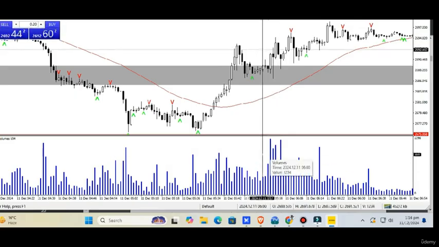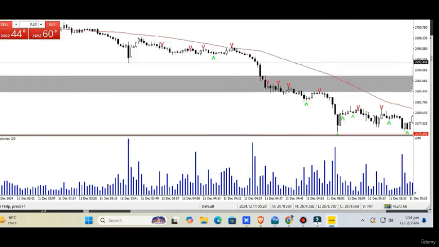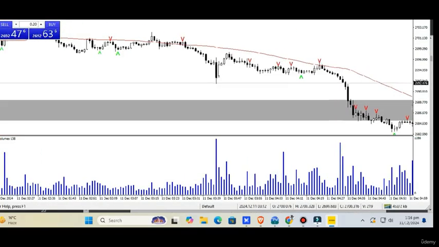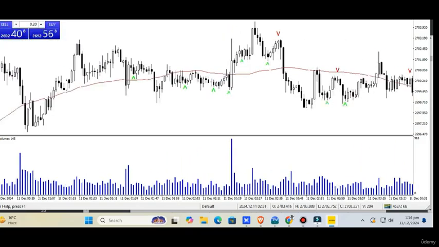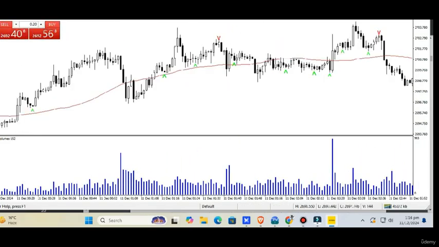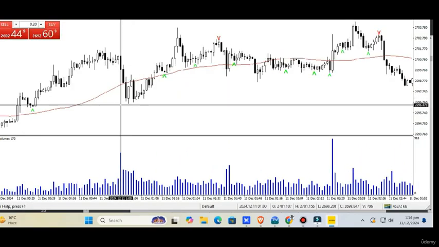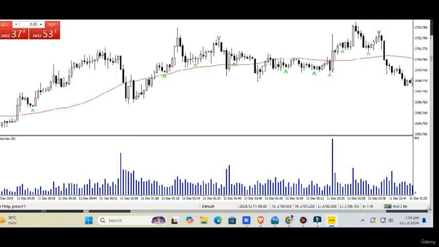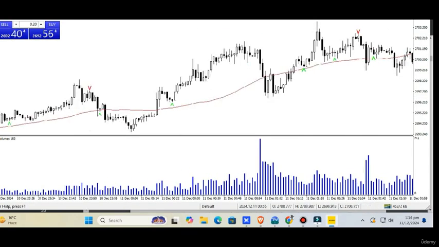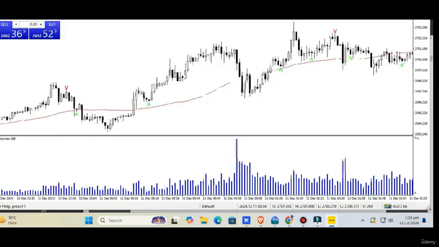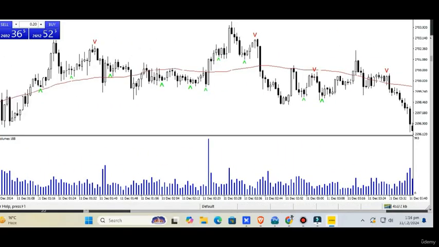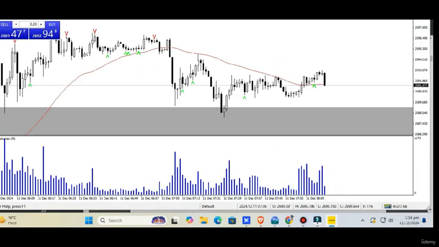If volume is increasing, then that is also giving some signals. In this time frame, I am on the 1 minute chart for gold, and high volume indicates something here, and here again something. So everything is related to each other.